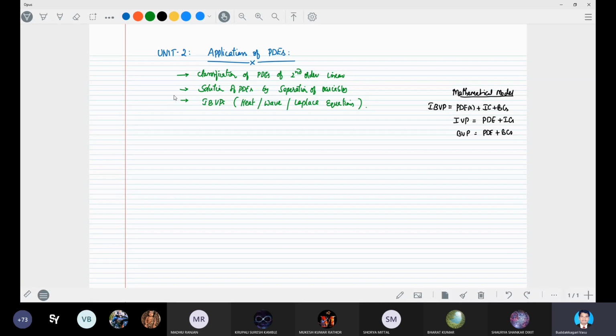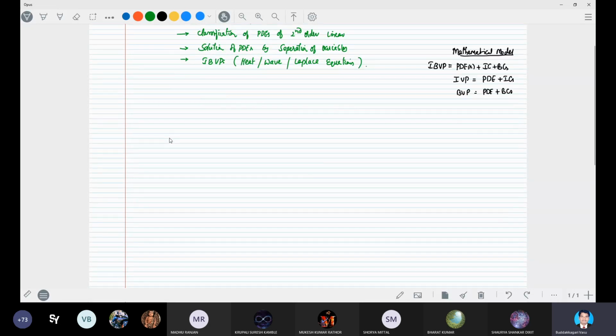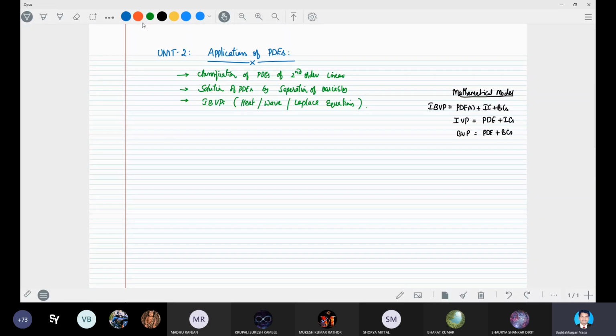So now we will look at the Fourier method or the method of separation of variables to solve these linear homogeneous partial differential equations. Okay, I will write it here for your convenience.